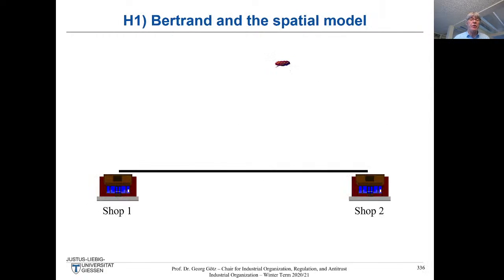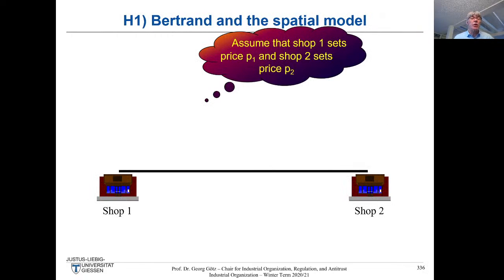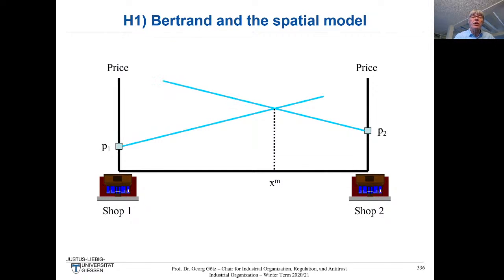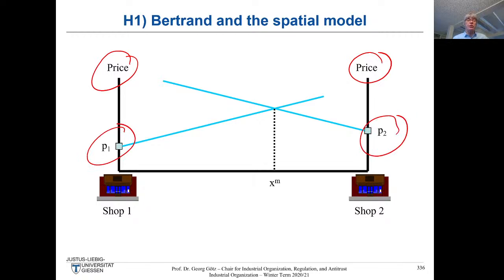That's our next question. I already showed you this picture last week. We have two shops located at the edges. Suppose firm 1 charges price p_1, firm 2 charges price p_2. Then these lines give us the respective costs. If you have a consumer who is located here, the price inclusive of the transport cost would just give this here.